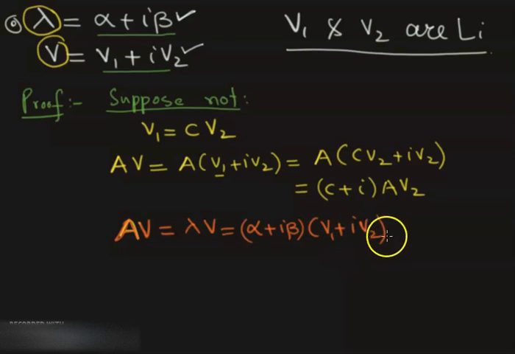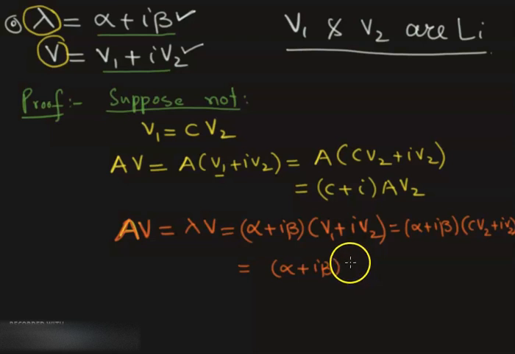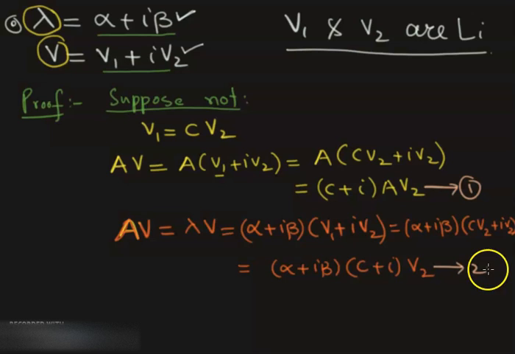But this v1 is equal to c times v2, so this is nothing but (alpha plus iota beta) times (c v2 plus I v2), which can be written as (alpha plus I beta) times (c plus I) times v2. Now if I label this equation as 1 and this equation as 2, then this is Av equal to this, and this is also Av equal to this.